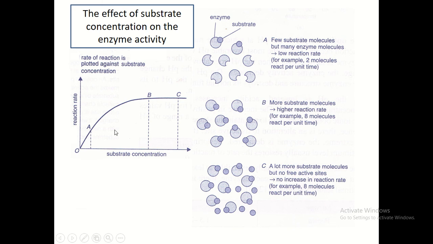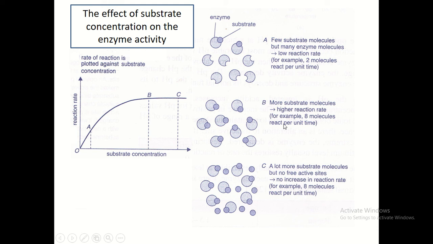But then, by time, when the substrate concentration is increased, of course, they will fill all of the free active sites of the enzyme, and therefore the rate of reaction will increase.